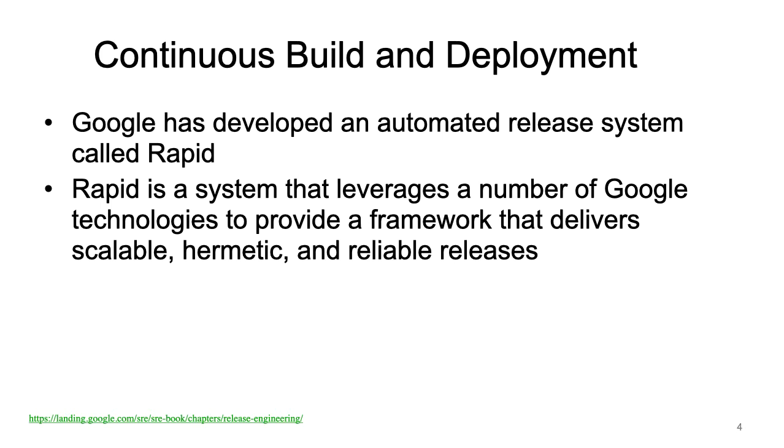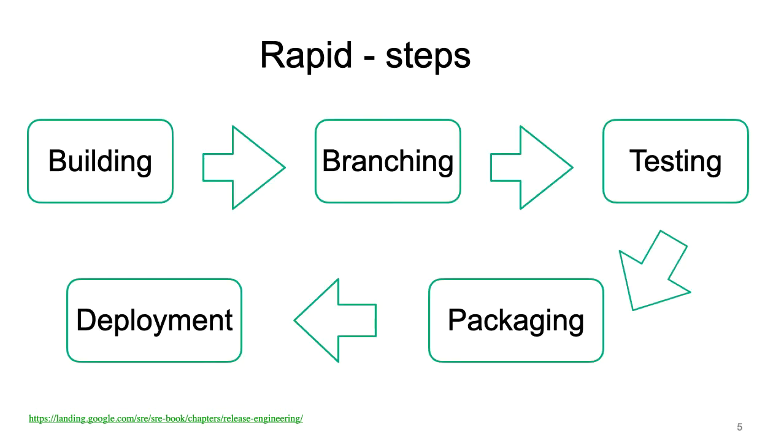So Google has developed an automated release system called Rapid. Rapid is a system that leverages a number of Google technologies to provide a framework that delivers scalable, hermetic and reliable releases. What are the steps involved in Rapid?